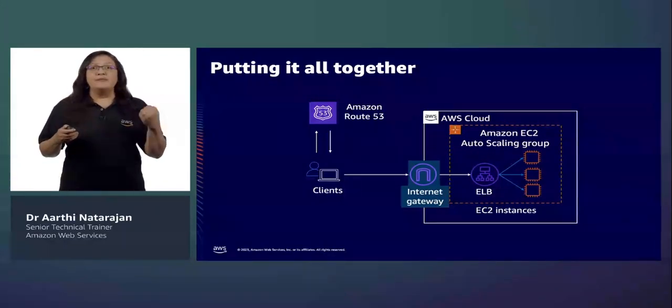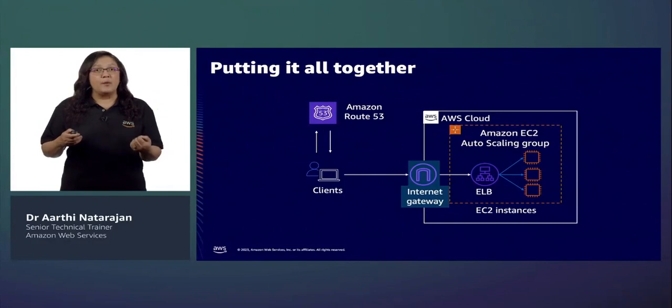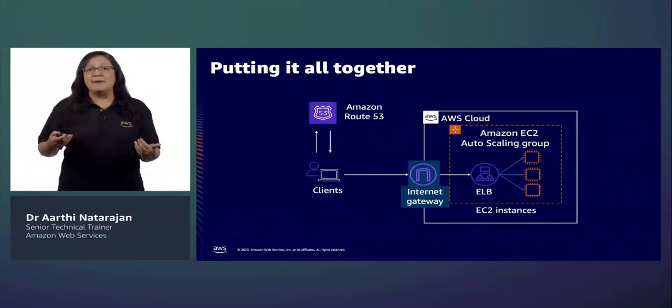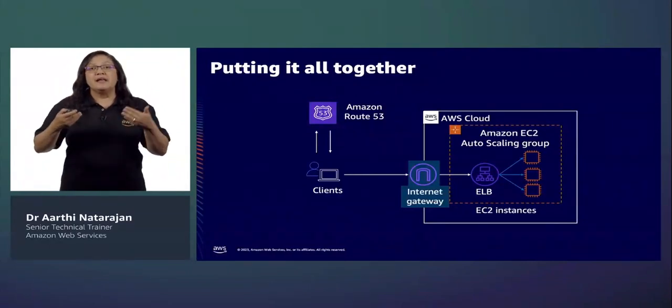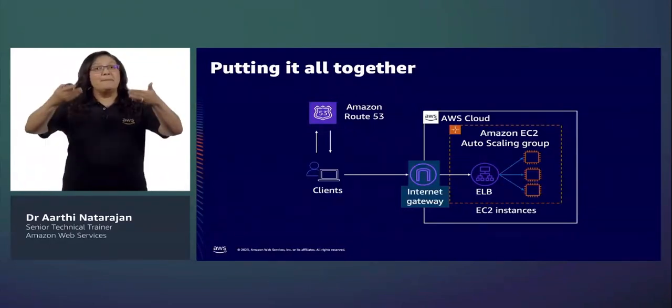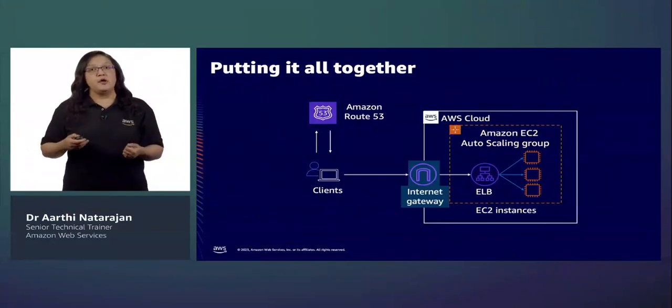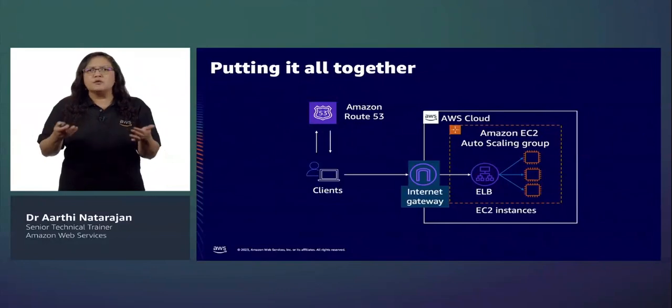Route 53 would then be used to resolve that URL into an IP address, which then leads us through our internet gateway to our elastic load balancer, which then distributes the incoming traffic to the multiple EC2 instances sitting behind the load balancer, which then respond back to the user. And we're doing this all within our VPC within the AWS Cloud.